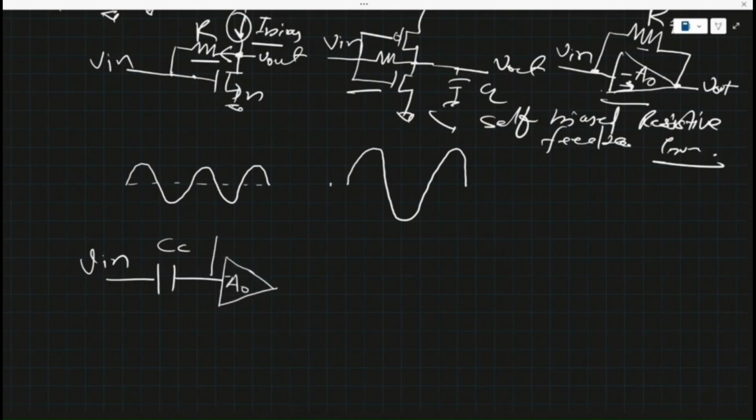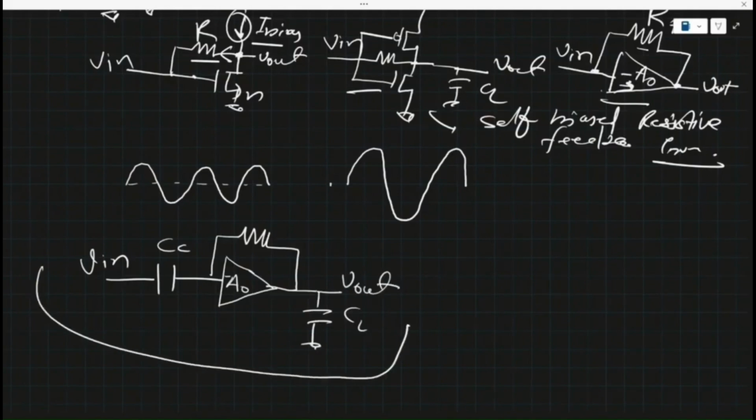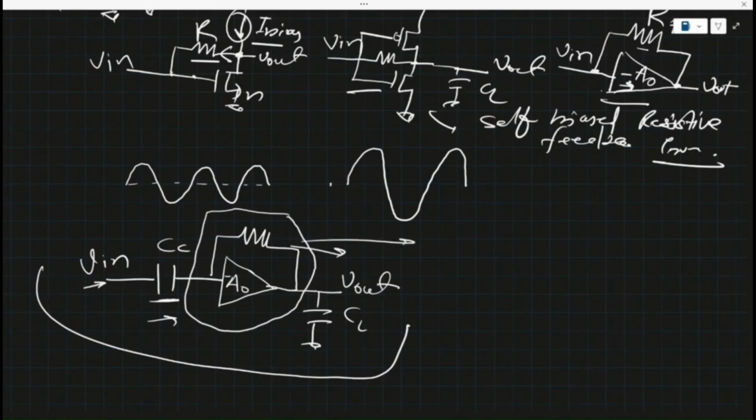This is the resistive feedback. Here, let's say we have one load connected. What will this circuit do now? First of all, the DC common level will be rejected. Then we know that this whole circuit is working as an amplifier, so it is going to amplify V input by some factor.